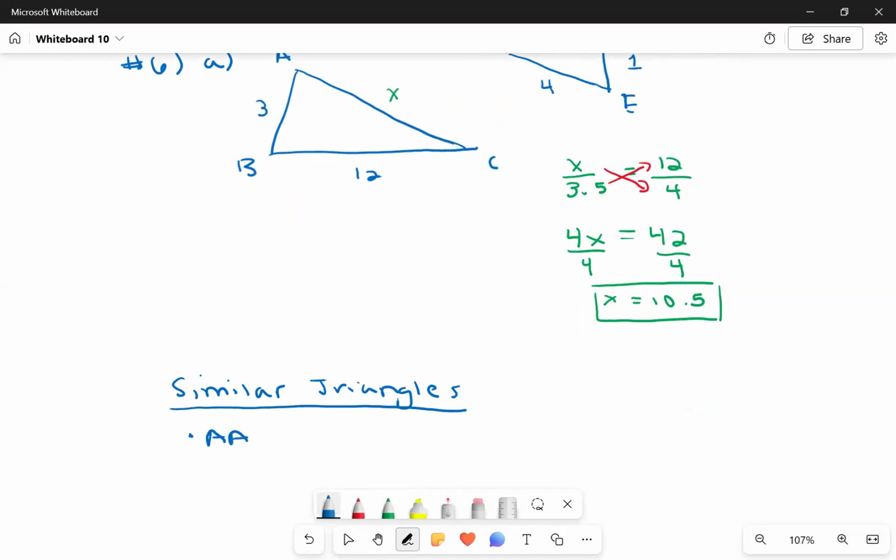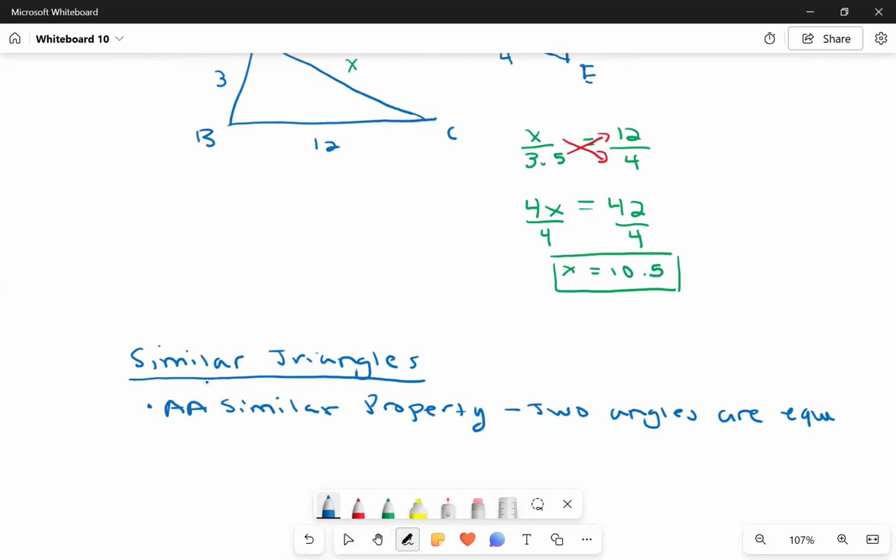They call that the AA similar property. That basically means two angles are equal. So in a triangle, if you know two of the angles are equal, then all three angles are equal because we can find the third angle and it's always going to come out the same for both of them. Okay, so that's the AA similar property.